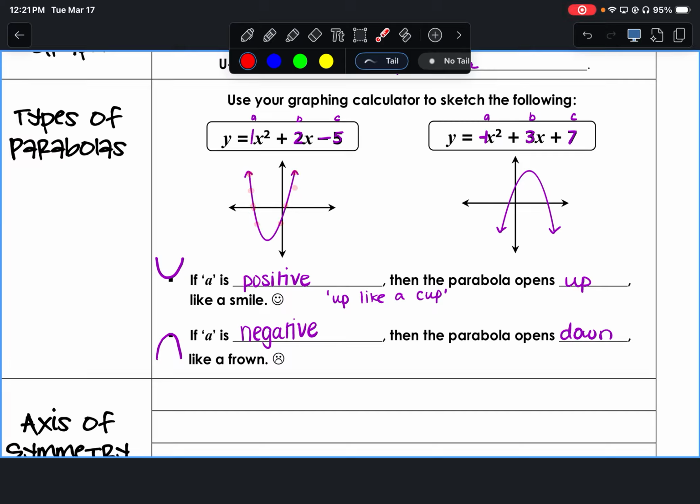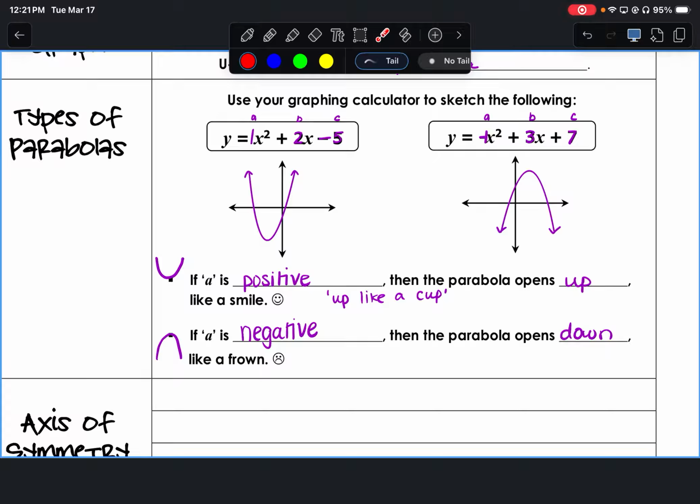If we were to take our graph and fold it in half, both sides would match, right? That is very similar to how we had with absolute value functions. They were the same on both sides, okay? And if you recall, those had something called an axis of symmetry. Quadratics have that too.